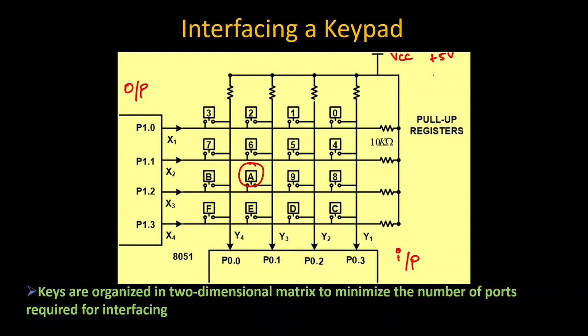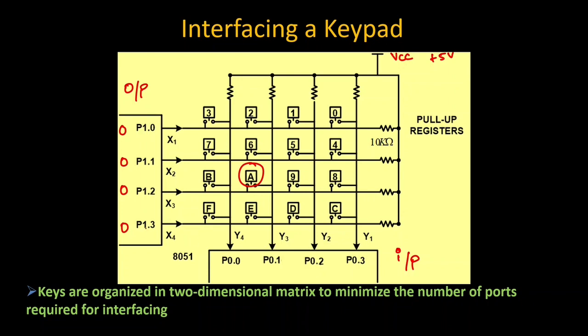In this case, assume I send the value of zeros here. If key A is being pressed, what value am I going to get at port 0? What input do I get from port 0?